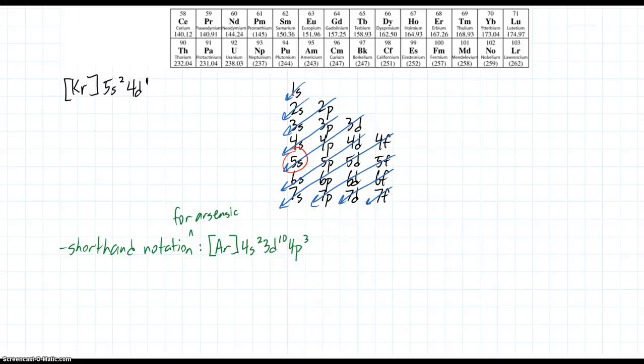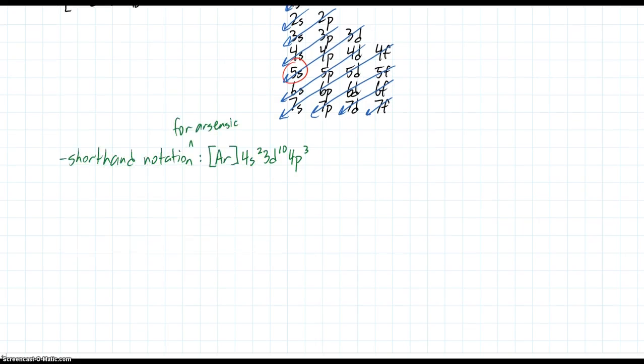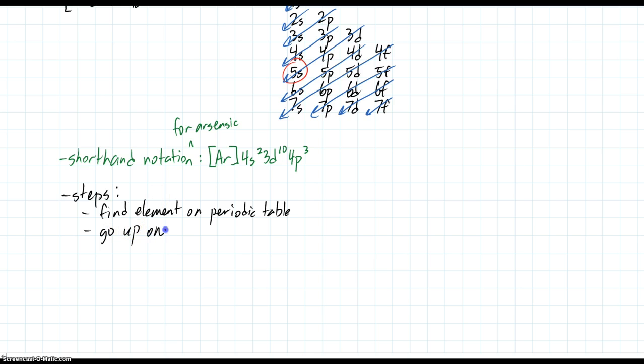So to recap the steps in the process, first, as with any of these problems, we need to find the element on the periodic table. We then go up 1 row all the way over to the right. And this is the noble gas we start with.